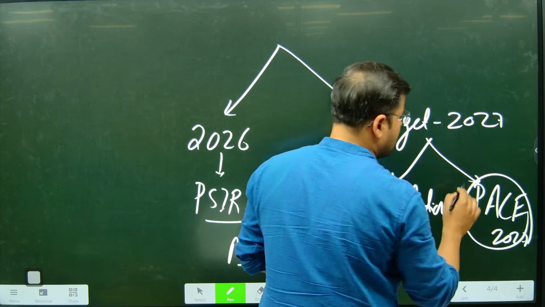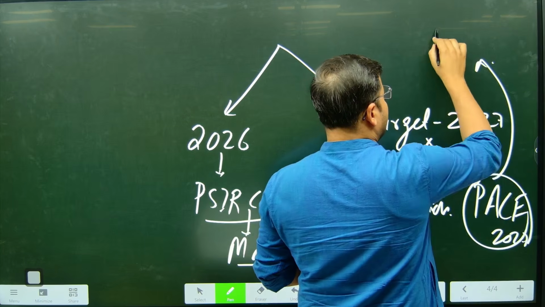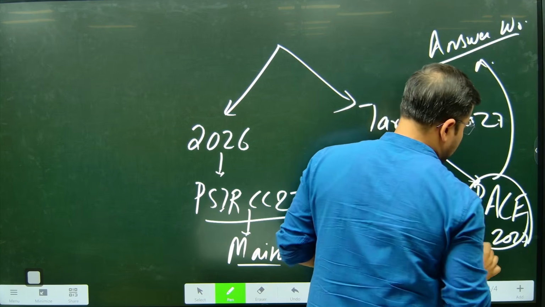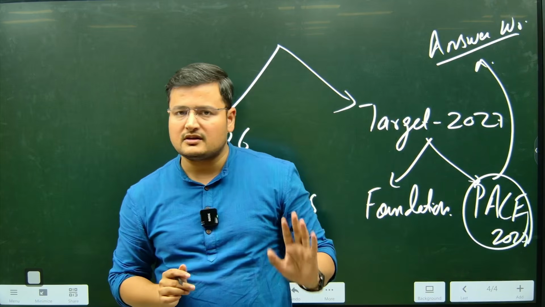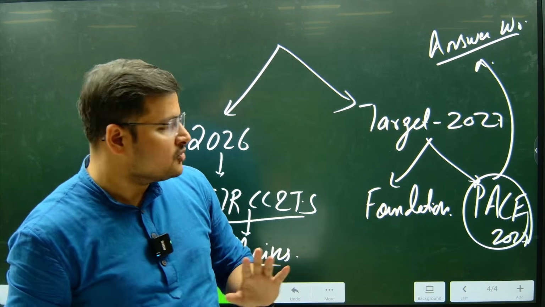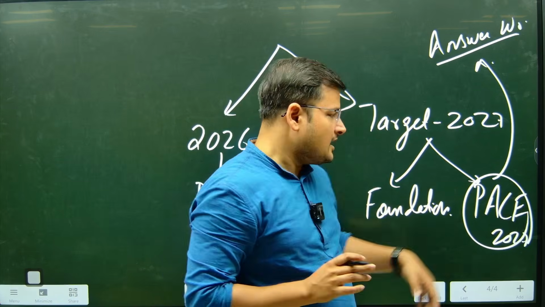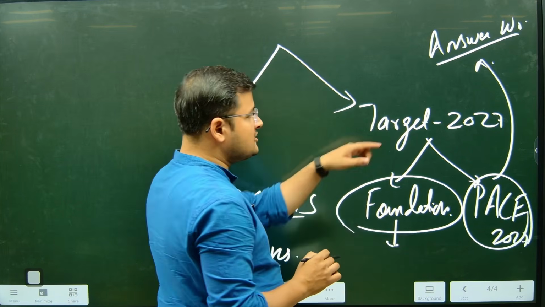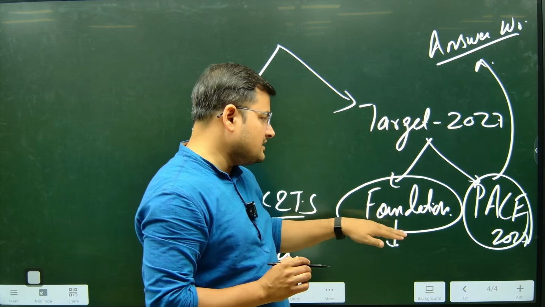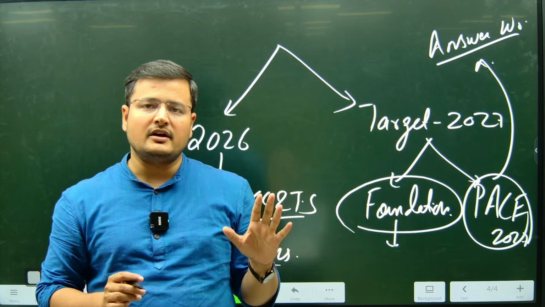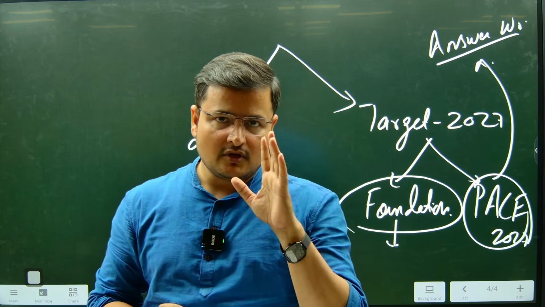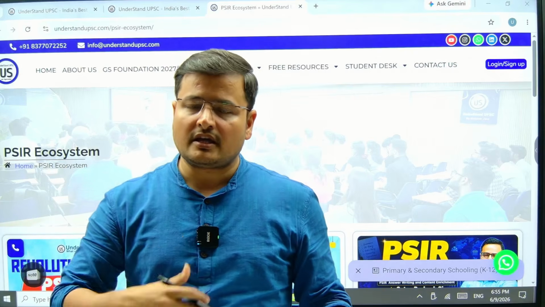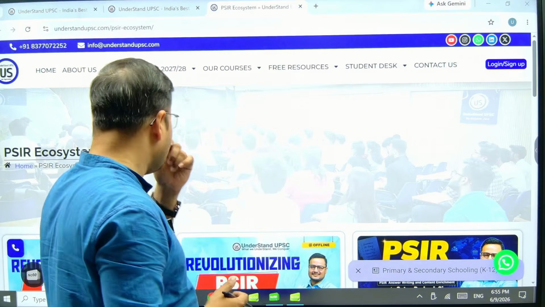The PACE program is for answer writing, and those students who have already done their foundation course should go for the PACE program. But the foundation course is for those students who are targeting 2027 but have still not made their content on PSIR. So the PSIR foundation course is targeting those students who are thinking of starting their optional preparation.